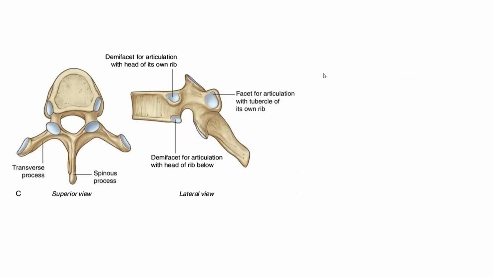The next vertebra is the thoracic vertebra. It's the same as other vertebrae, and it has a transverse process and spinous process, but the difference is it has two facets for articulation with ribs, and also another facet here for articulation with the tubercle of its own rib.